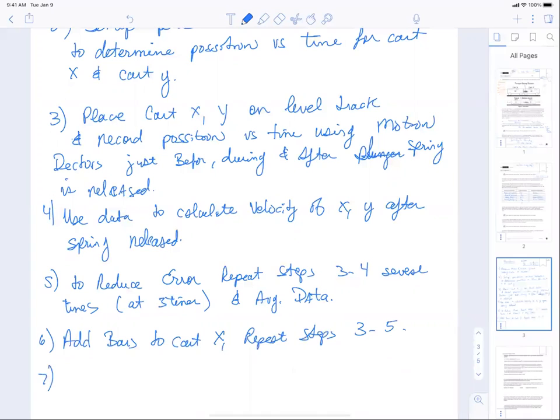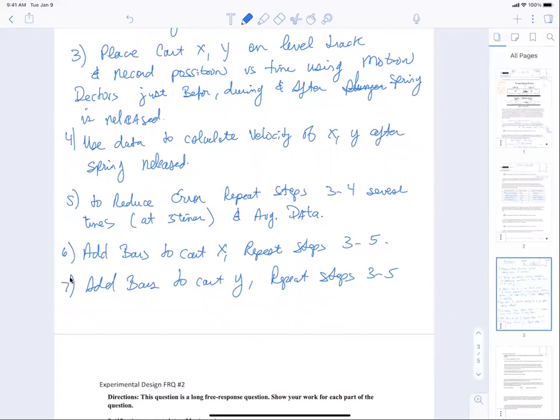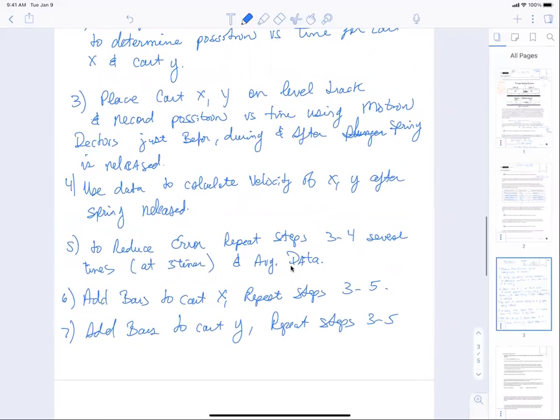Number 7, maybe add bars to cart Y. Repeat steps 3 through 5. Okay, so we've moved the masses around and we can develop a relationship between momentum of the carts compared to their masses.